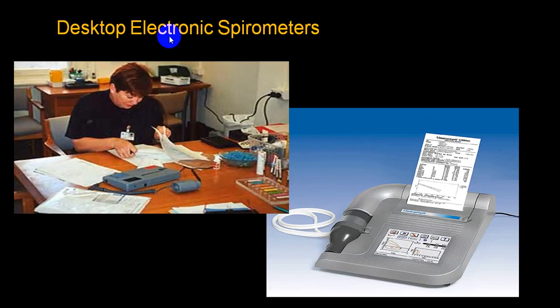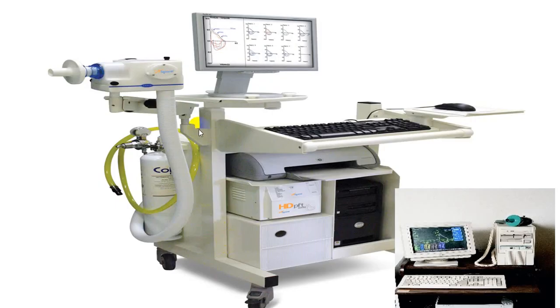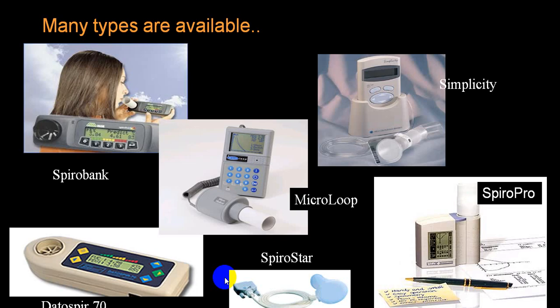These are electronic desktop spirometers which can also be utilized to get both curves, that is flow time and flow volume loop charts. These are the most sophisticated instruments available, different types of instruments, small different instruments which can be utilized depending upon the facilities available.